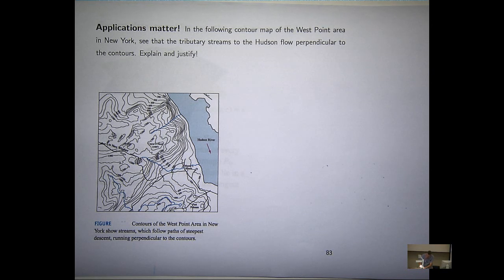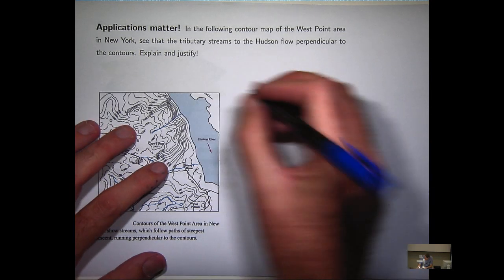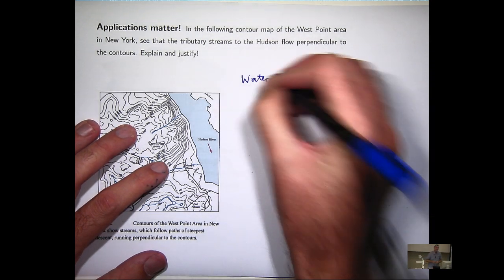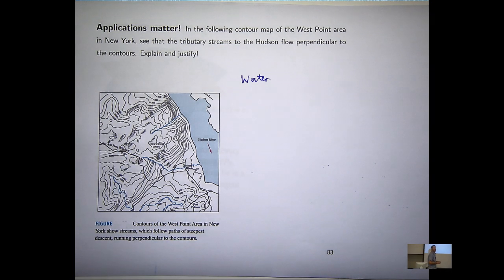And as we saw, that is actually the normal to the level curves. So it kind of agrees with the mathematics. The intuition and the reality agree with the mathematics that we've seen today, assuming there's not a dam in the way or something.